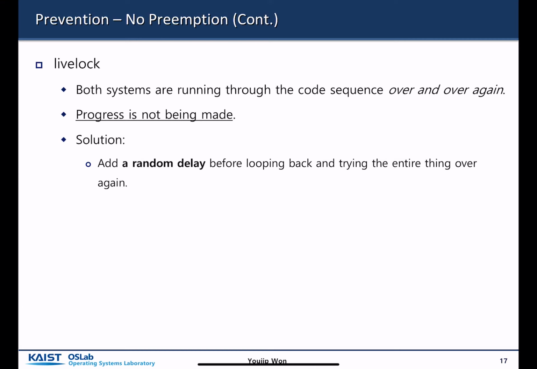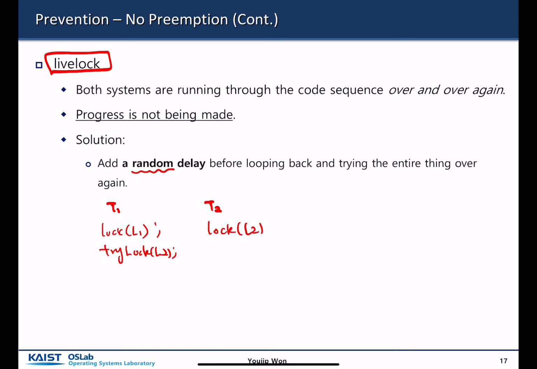A way to resolve the livelock situation is to add a random delay. The livelock situation happens when there are two threads, thread 1 and thread 2. Thread 1 locks L1 and performs try-lock on L2. At the same time, thread 2 locks L2 and performs try-lock on L1.